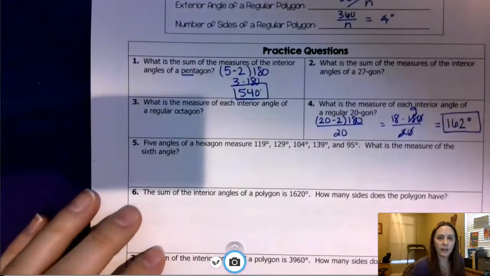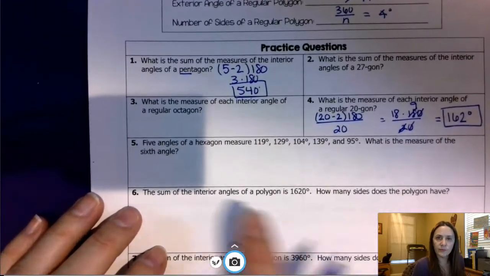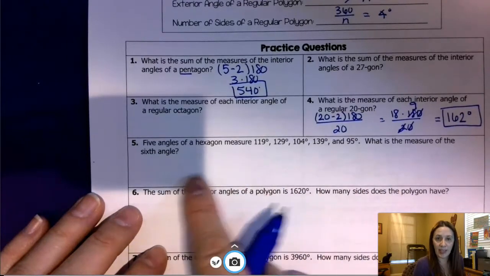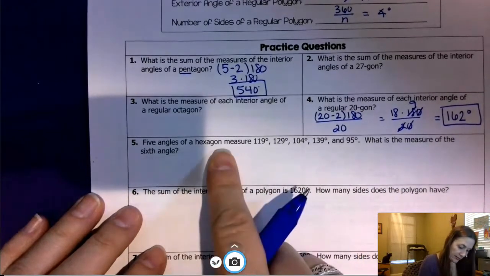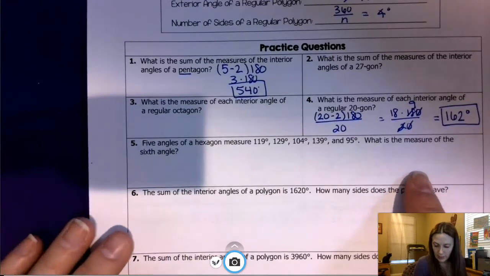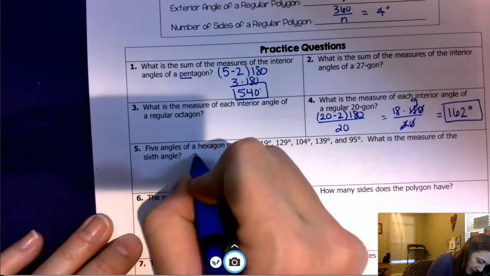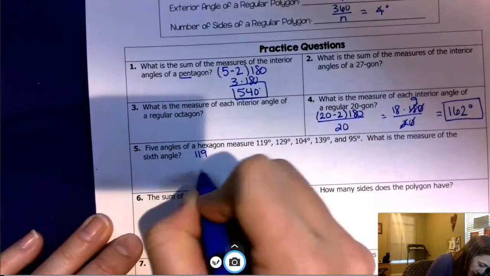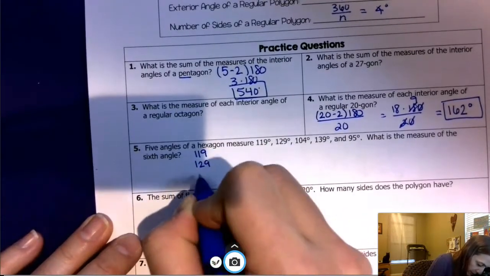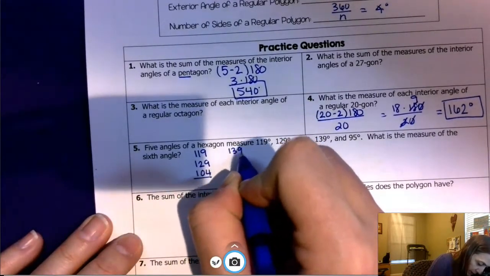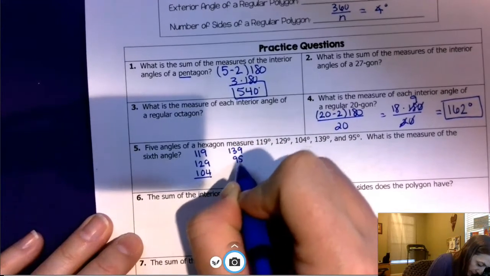All right, let's go ahead and find the angles of a hexagon. What is the measure of the 6th angle? So I have a hexagon. What I would do is take all of these angles here and add them together. So we're going to add together 119 plus 129 plus 104, and add together 139 and 95.